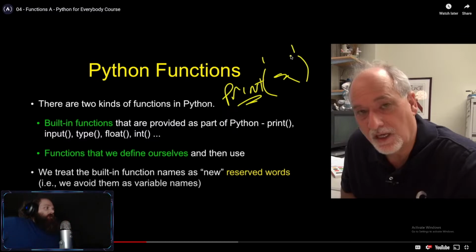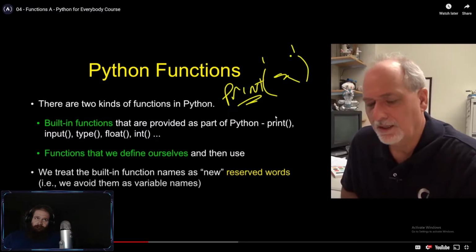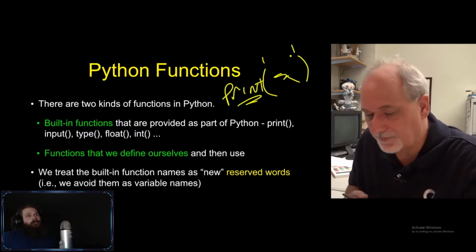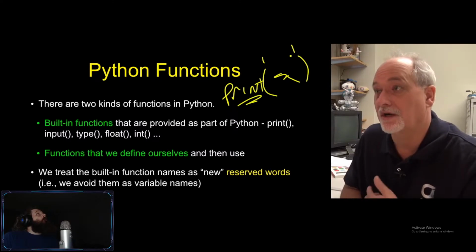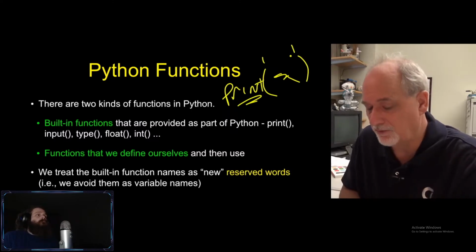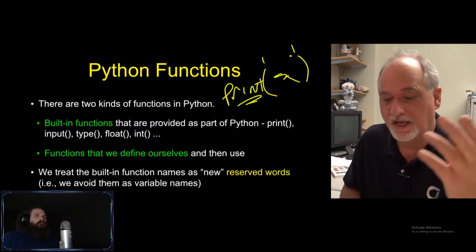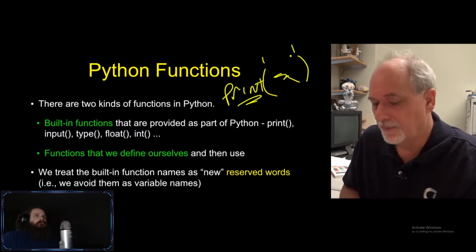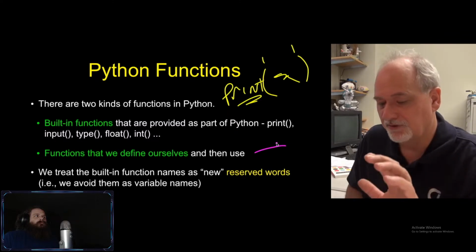Let us continue. Functions. And so input's a function, type is a function, float's a function, int's a function. All these things are built-in functions that come with Python at the moment that we started. I mean, we installed Python and these came along. And then there's other functions that we define and use, and that's what the def is for.